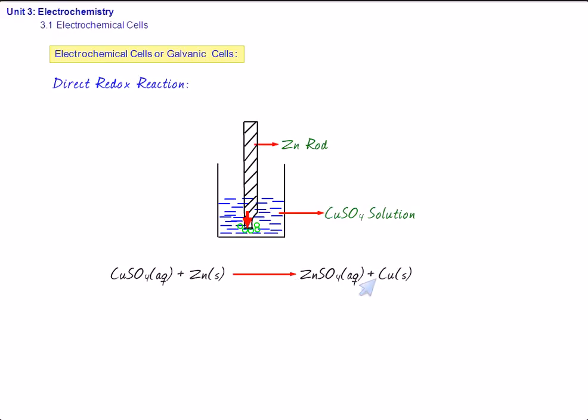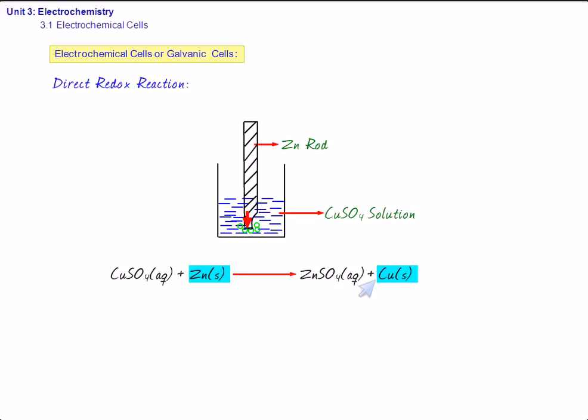Since the zinc rod dissolves, it loses its weight. Copper sulfate solution is colored due to the presence of Cu2+, and since Cu2+ ions are removed as copper metal, the color of copper sulfate solution fades.